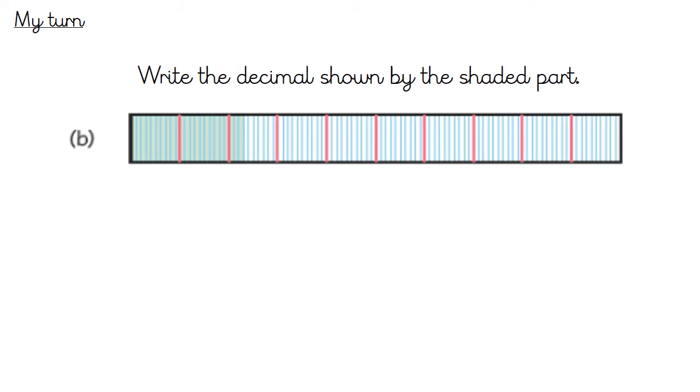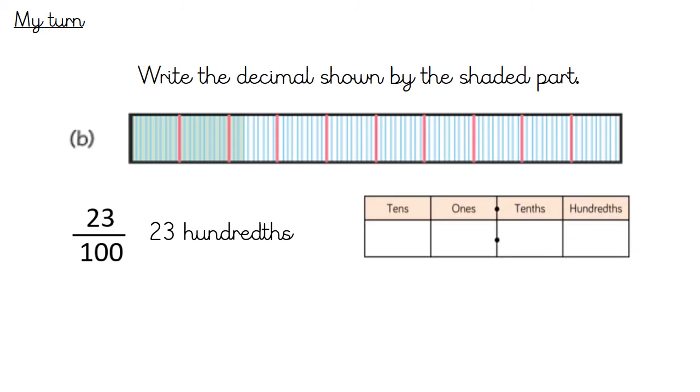So 2/10 is the same as 20 hundredths, and then we have those remaining 3 little hundredths shaded in. So we have 23 hundredths shaded in, which if we look on a place value grid, we can see that we have 2 tenths shaded in, and then also those remaining 3 hundredths shaded in.